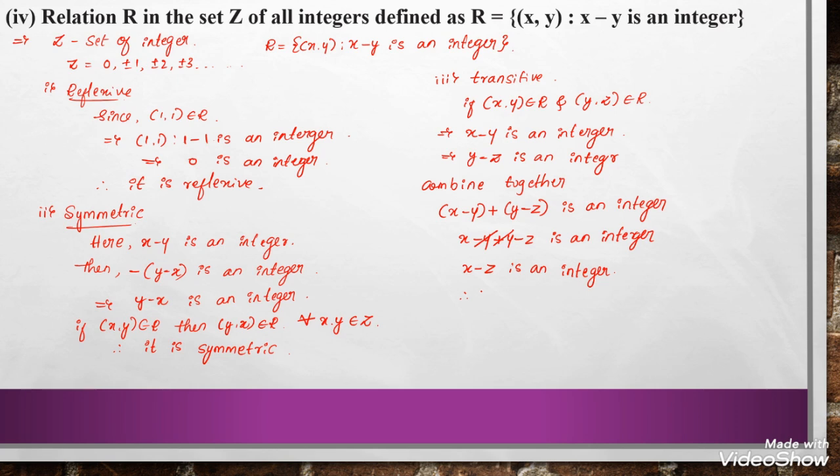Therefore, x comma z also belongs to R. Hence, it is transitive.